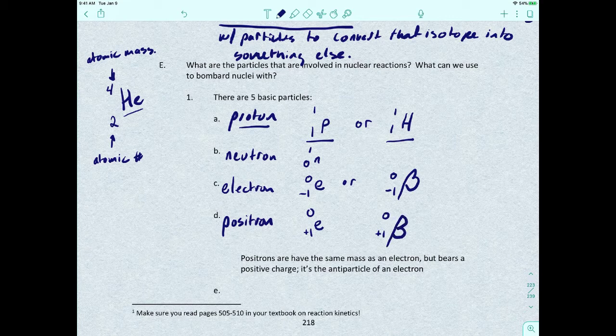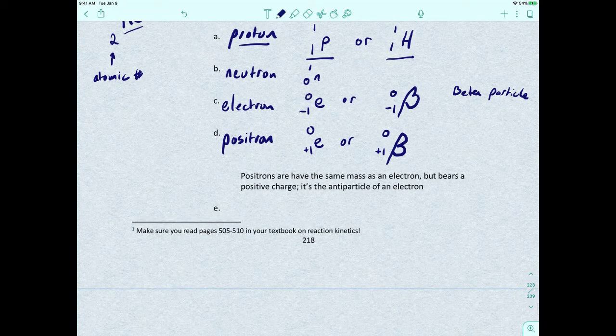You could write it as e with a mass of 0 and atomic number of +1, or you could write the same thing using the beta particle. Either way. Again, the electron, we refer to that as a beta particle. So positrons have the same mass as an electron, but bear a positive charge. It's like the antiparticle of an electron.